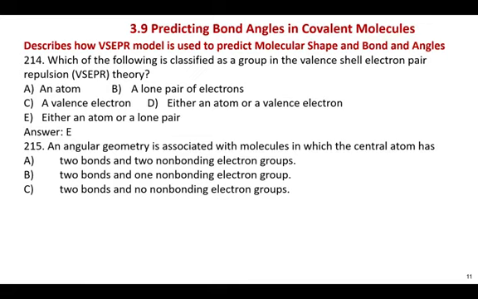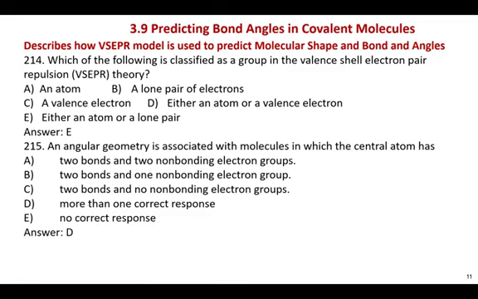Therefore, the answer is two bonds and one non-bonding. Because if you have a triangle and one becomes non-bonding, it becomes angular, right? Therefore, two correct answers. This is kind of tricky. I'm going through this because you have to see the complexity of things to understand it.